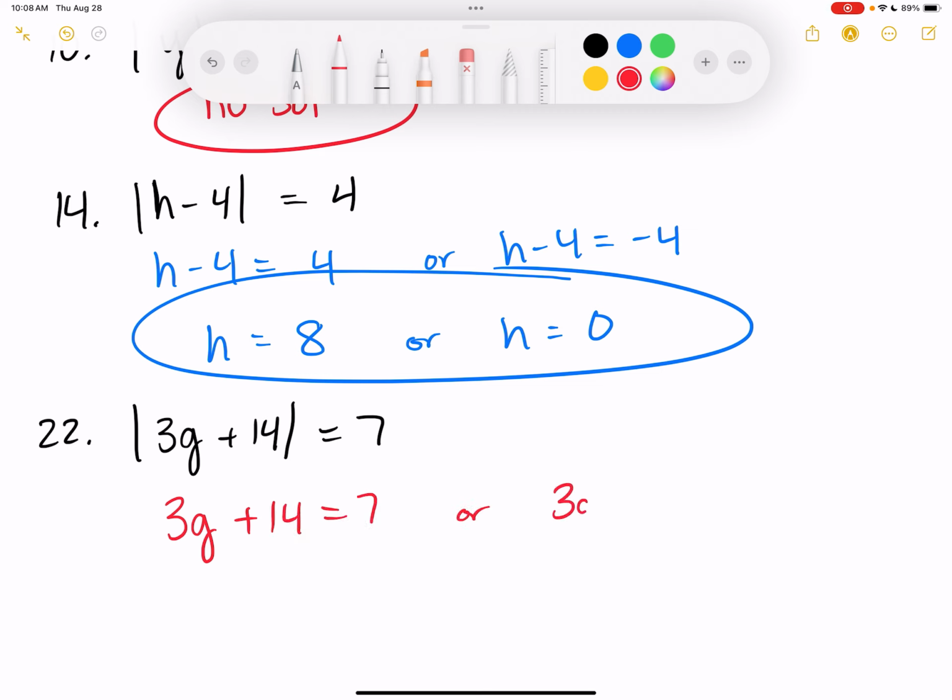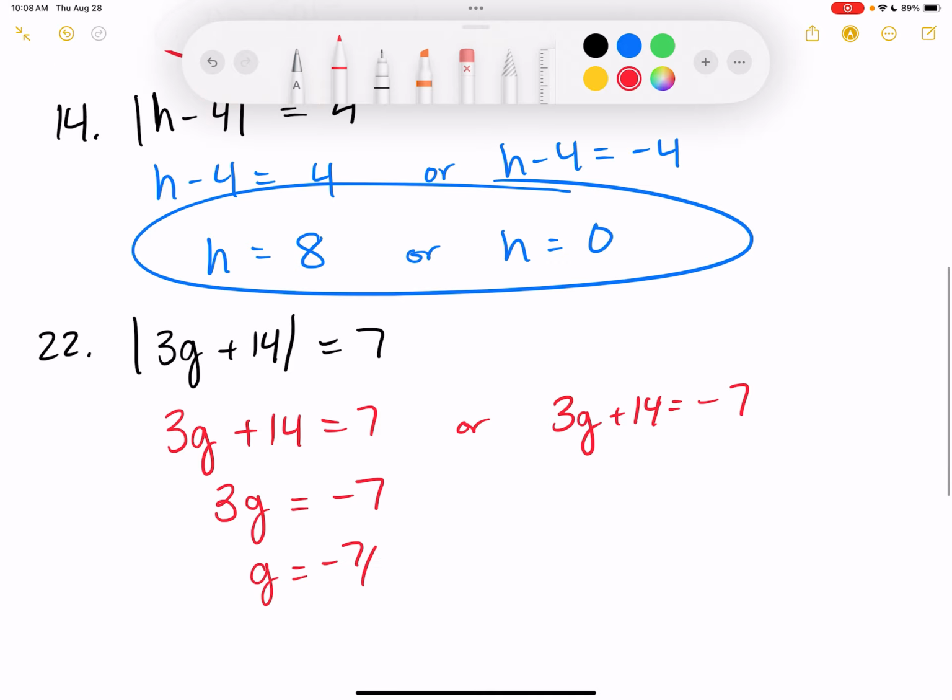Or 3g plus 14 is equal to negative 7. So g equals negative 7/3. Or over here, 3g equals negative 21. So then g equals negative 7.